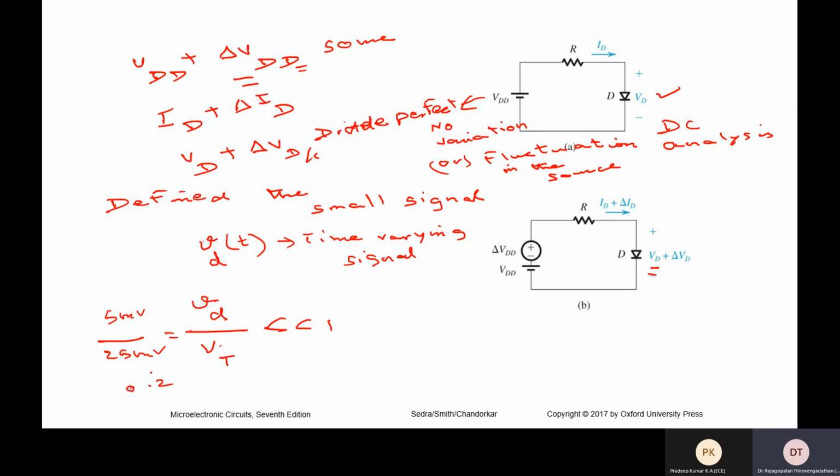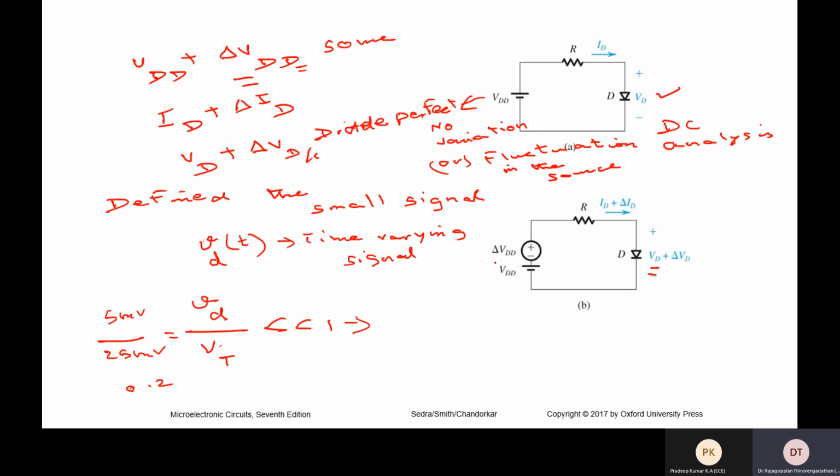So it is only 20% of the VT value, 0.2 much smaller than 1, then we can apply this model. We will exemplify that through a problem in this class. So, quickly recalling that fact.